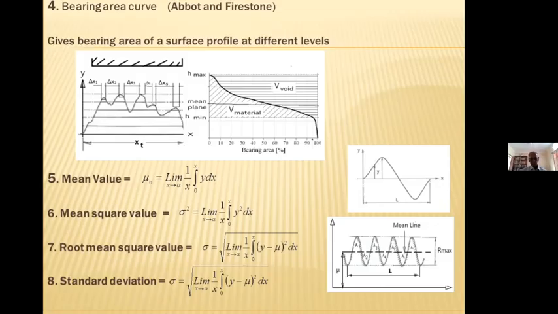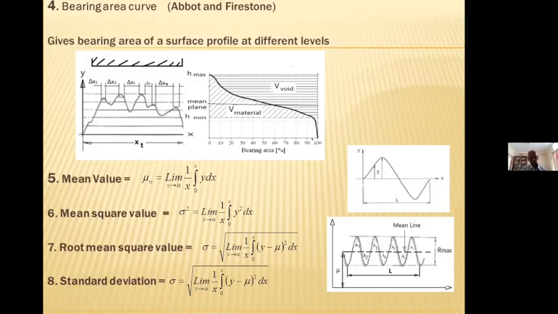There are certain methods of finding it, but here we look at it from the ordinate point of view, the surface is given by a string of numbers, which are the variation of ordinates y. And this is why it is y dx 0 to x, 1 by x, in the limit x tends to infinity.